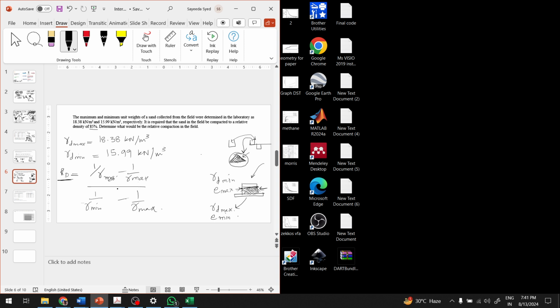Okay, so gamma minimum, gamma maximum. Okay, this should be gamma minimum. So this will be gamma minimum minus gamma.